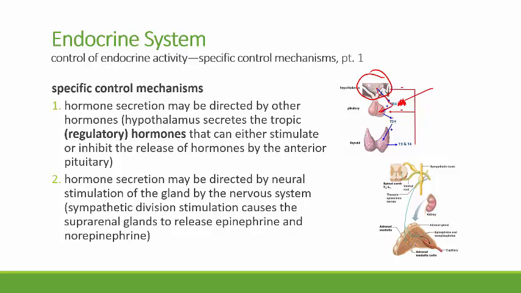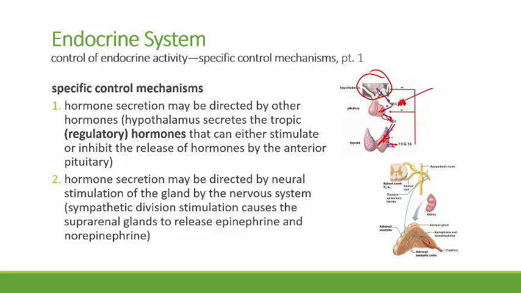So thyroid releasing hormone is a tropic hormone, acts at the pituitary and forces the pituitary to release thyroid stimulating hormone. Thyroid stimulating hormone is also a tropic hormone, and it acts at the thyroid, causing the thyroid to release the two thyroid hormones, T3 and T4. We'll talk about the names of those later on. So two tropic hormones are required to get T3 and T4 released.